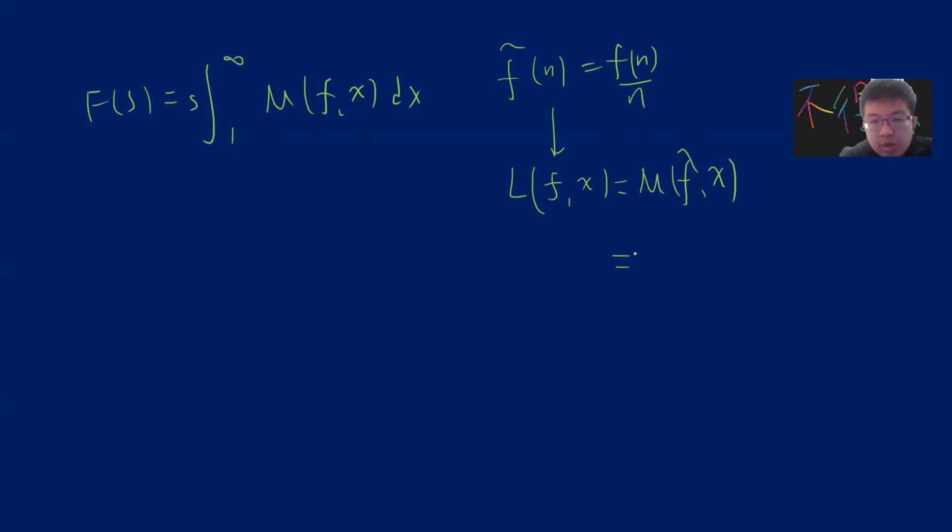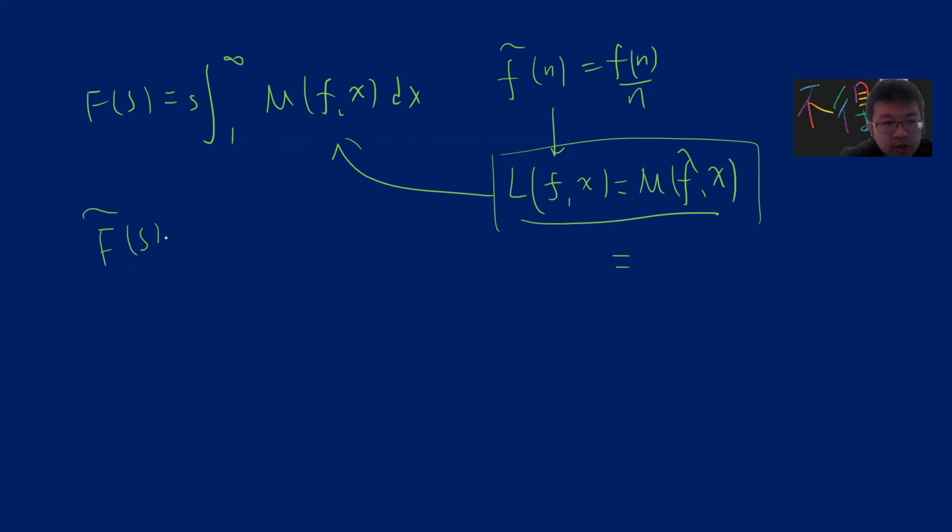So F tilde(s) will be s times the integral from 1 to infinity of M_f tilde(x) x^(-s-1) dx.